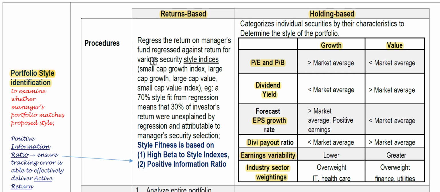Now the other approach is simpler. You run a regression. You regress the return of the manager's fund against the returns of different security indexes. This we call the style index. We already discussed it before. It's like a multi-factor regression model, and the factors are fundamental factors like the size factor, the value factor, and so on.